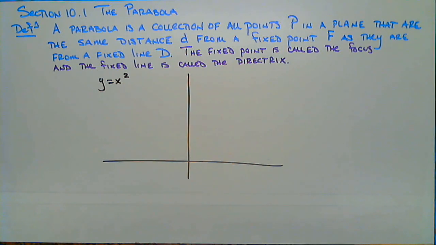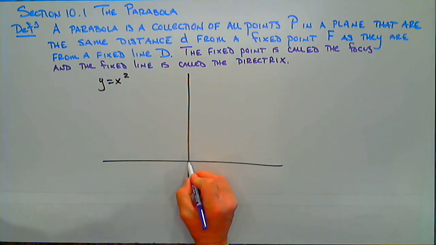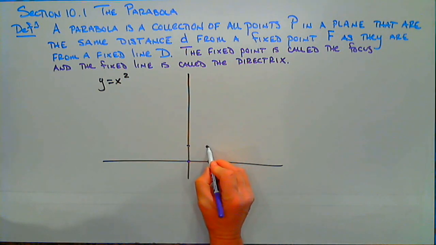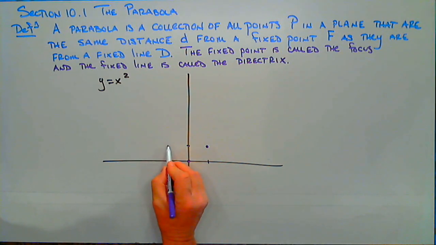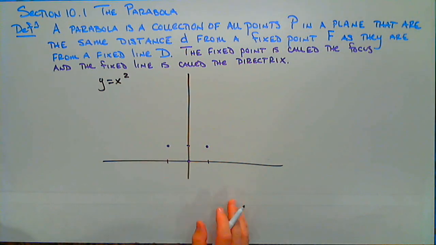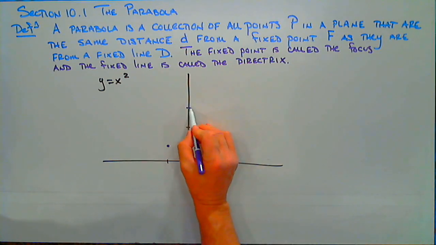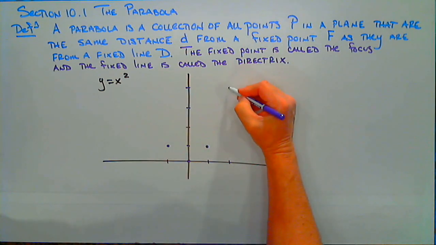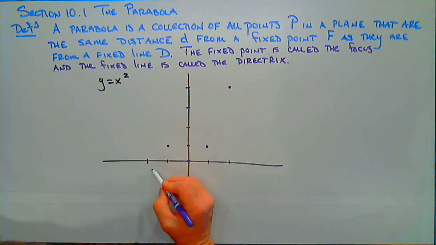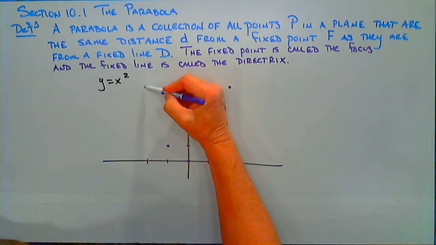What do we know about this parabola? Well, we know it goes through (0, 0). We know it goes through (1, 1). We know it goes through (-1, 1). And then the next point it goes through is (2, 4). That's here. And (-2, 4) is here.